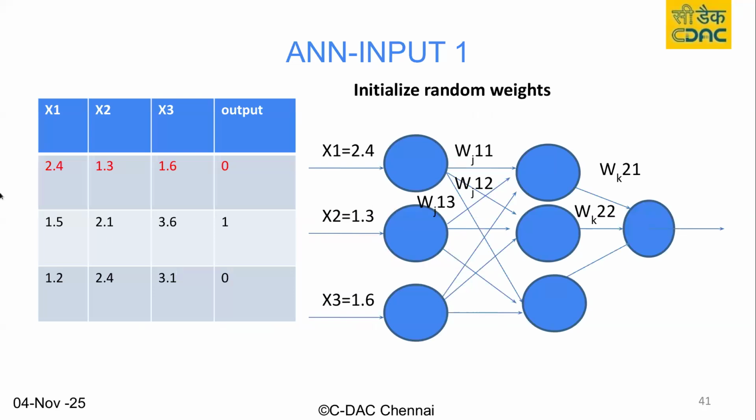Suppose I have three values x1, x2, and x3 of this input matrix, and the output is normal X-ray or abnormal X-ray, with zero representing normal and one representing abnormal, as the labels or expected outcomes of this machine learning training algorithm.